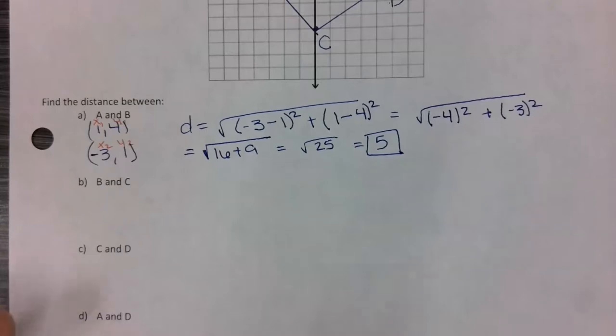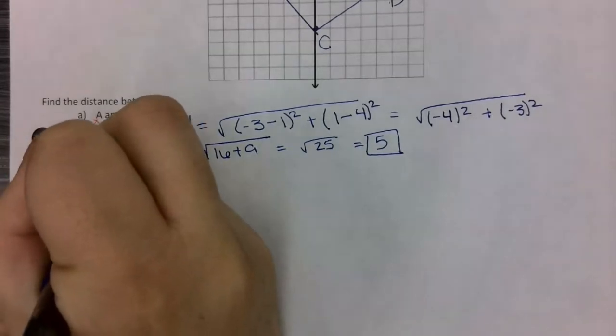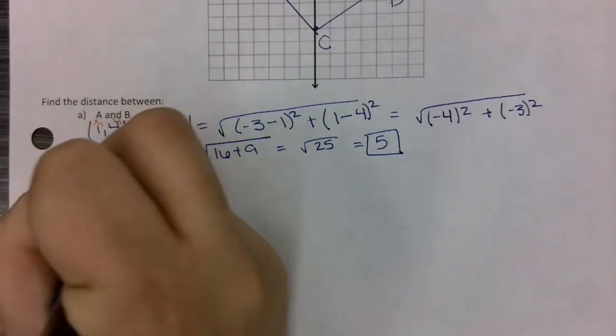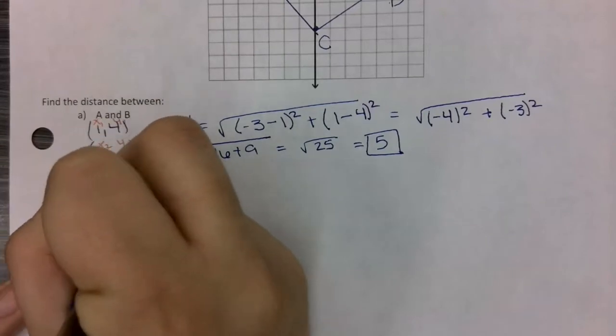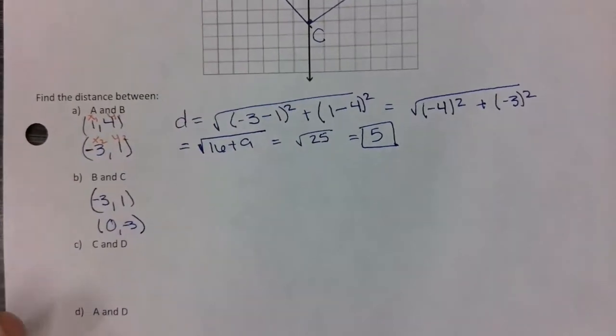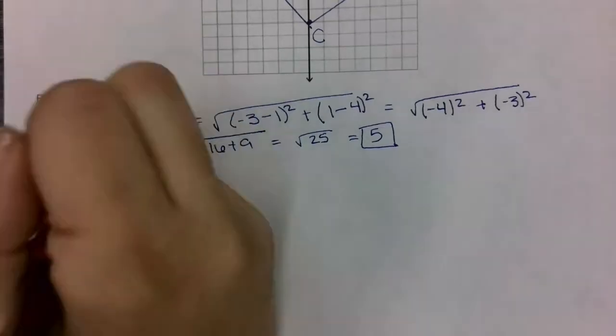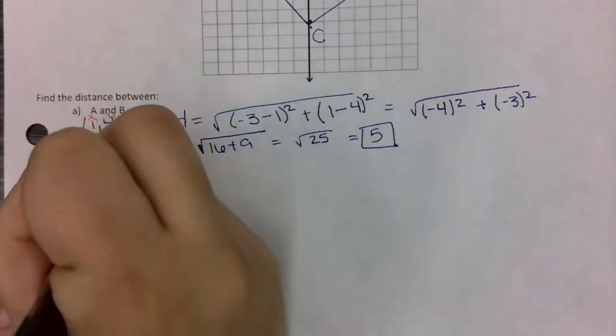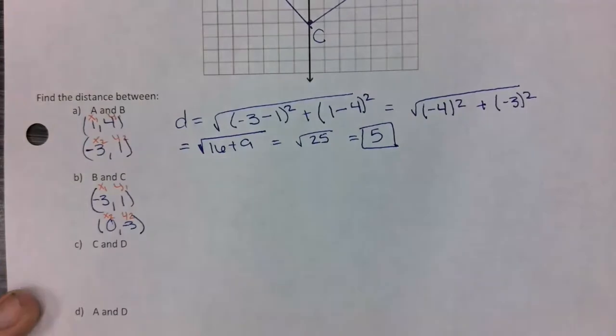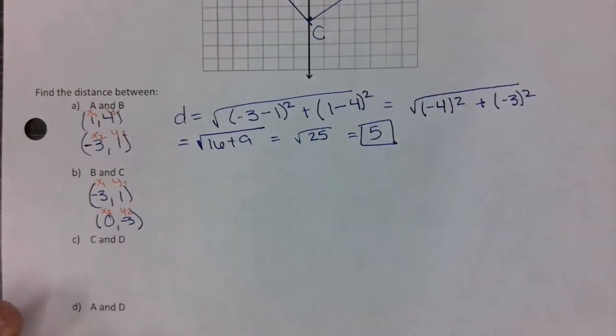Okay, so then I want to do the same thing for B and C. So B is (-3, 1), and C is (0, -3). Okay, so then I plug into the formula.